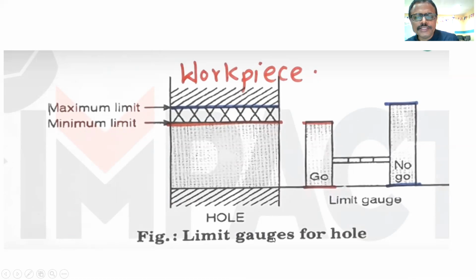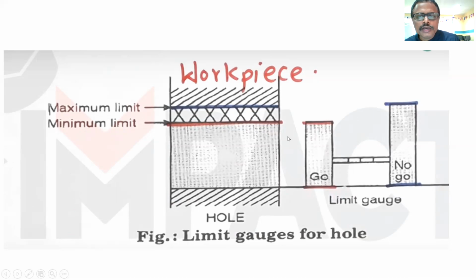So in the limit gauges, there are go gauges and no go gauges. What this go gauge tells you is if this go size goes into this hole, then the component is accepted. If this no go gauge goes into this, then the component is rejected.